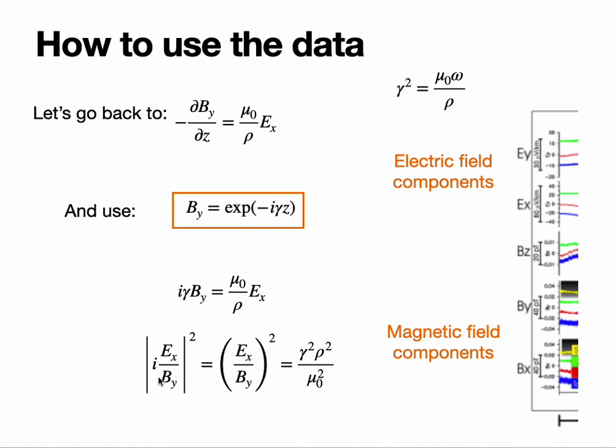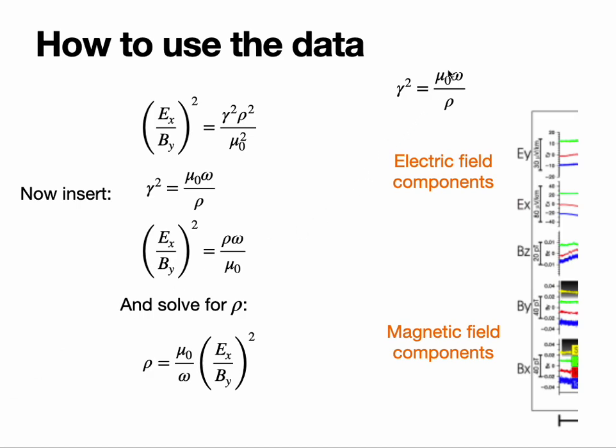So if you want to monitor its magnitude, we will take the modulus of it and we will square it for simplification purposes. So that's now what we obtain. The modulus squared of this is simply Ex over By to the power 2. And this is equal to gamma squared rho squared divided by mu 0 squared. So that's a very important result.